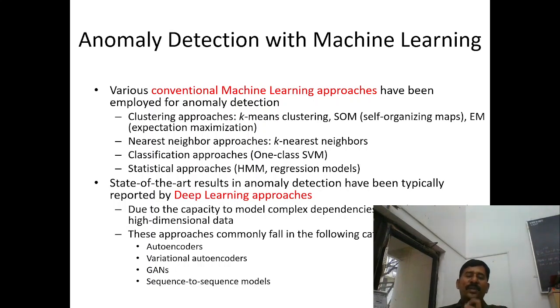Fourth one, sequence to sequence model. Sequence to sequence models are designed to learn mappings between sequential data like time series signals. They typically consist of an encoder that generates a hidden representation of the input tokens and a decoder that takes in the encoder representation and sequentially generates a set of output tokens.